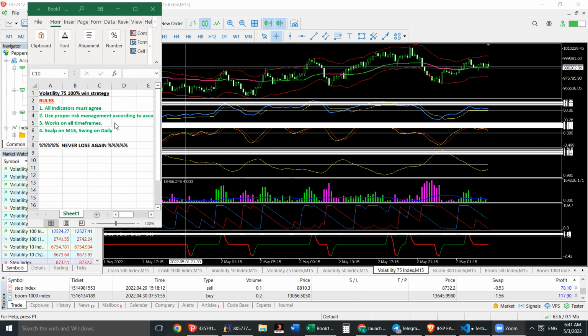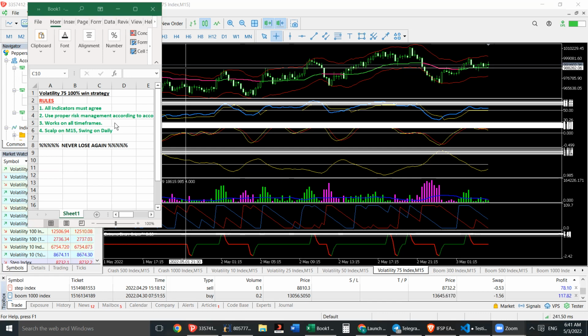So it's better to use the smaller time frames and take the smaller profits there, and then grow the account to a substantial size, and then you can move to the daily time frame to give the market room for those small movements.